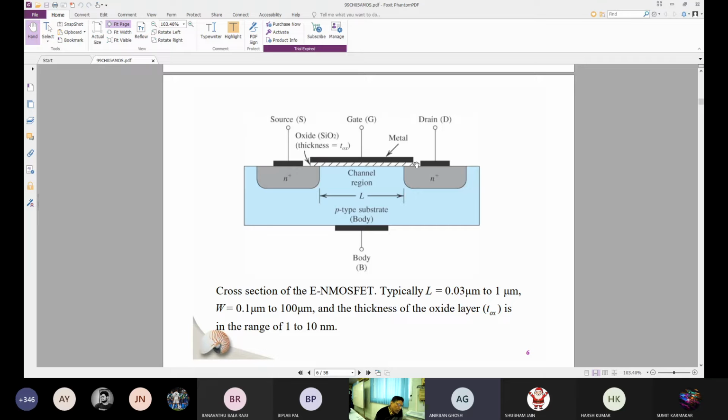So whenever you are drawing the structure of the MOSFET, please ensure that your gate covers the edges of the source and drain. This is a very important parameter.